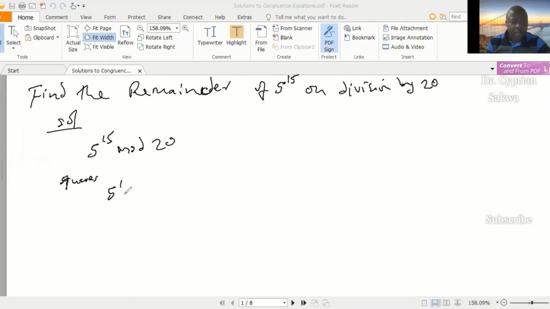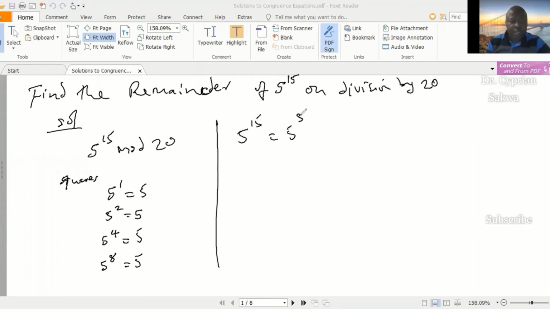5 raised to 1 is just 5. 5 raised to 2 is 25 mod 20. The remainder is 5. 5 raised to 4 is 5. 5 raised to 8 is 5. I want 5 raised to 15. If I square this one, I'll have 5 raised to 16, which is beyond. So 5 raised to 15, therefore, is 5 raised to 8. If I add 4 there, I'll have 12.